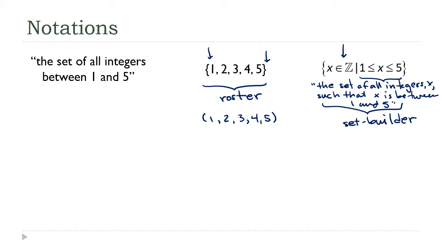Right? So we start off with the set of. Then we describe the domain here. That's the all integers part. This line here, you can think of as being the part that translates to such that. And then we describe the inequality, the formula, whatever procedure is being used to actually define the elements.